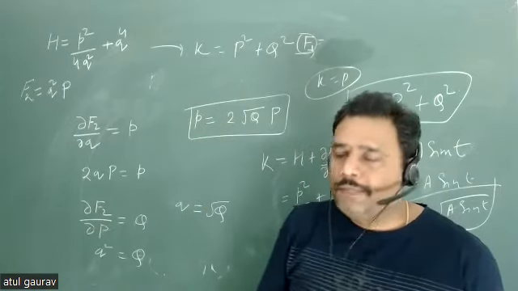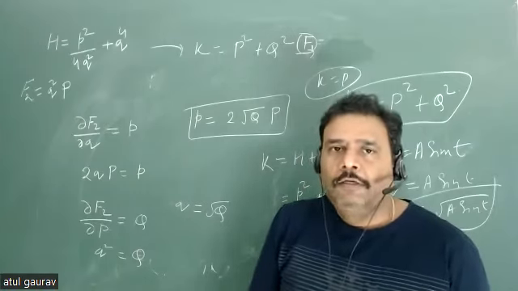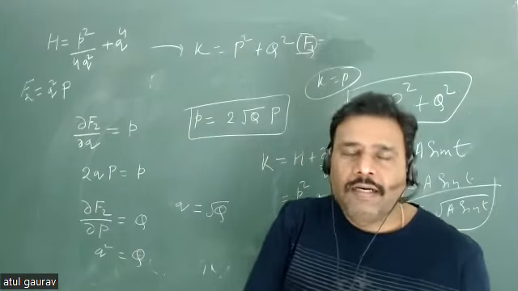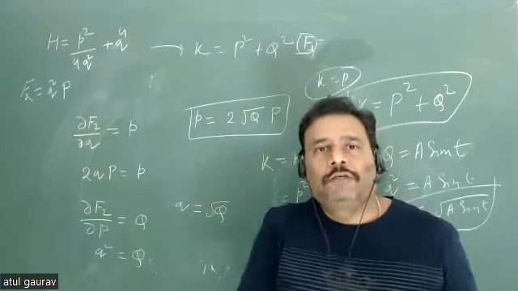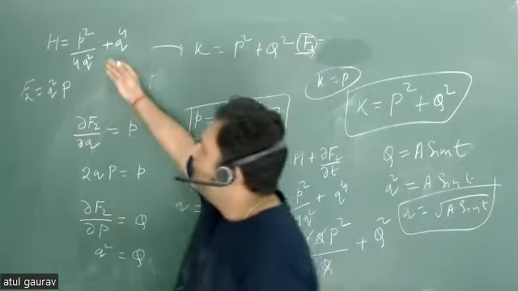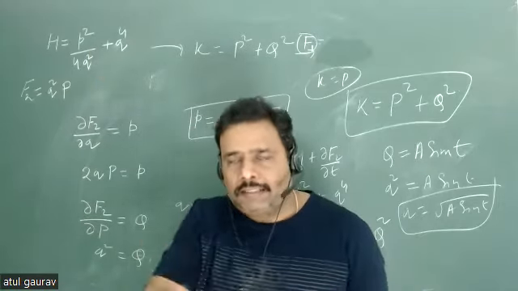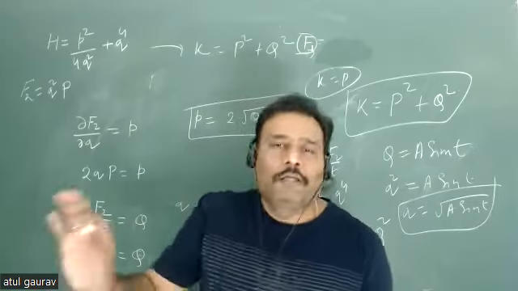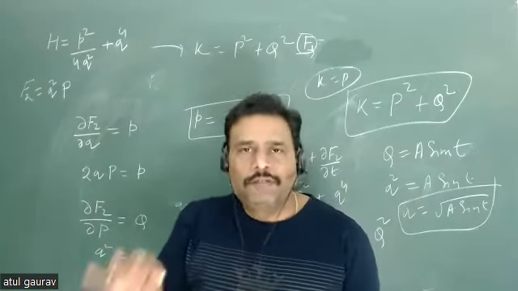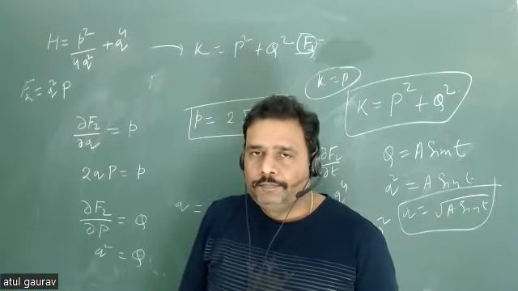The soul of the problem is that if you can do the proper transformation, you can make a tougher Hamiltonian into a comfortable Hamiltonian. This is the soul of the problem. Omega equal to 1 is not the soul of the problem, that is part of the differential equation. Are you getting my point? Yes, sir.